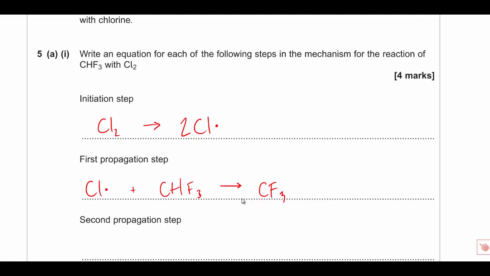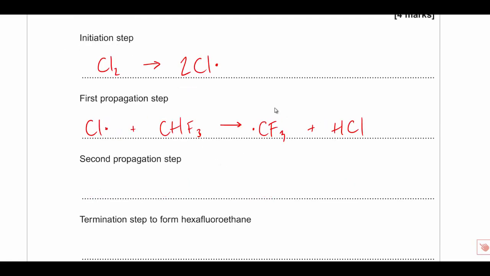I am going to put that being there, because I personally think that's where it should be, which I'm fine with. They will accept it being on this side, but I would stick it there. I think it's just good practice. Hydrogen chloride is also given off here, obviously because of the chlorine radical and the hydrogen. We've now got this funny trifluoromethane radical thing, which is going to go on.